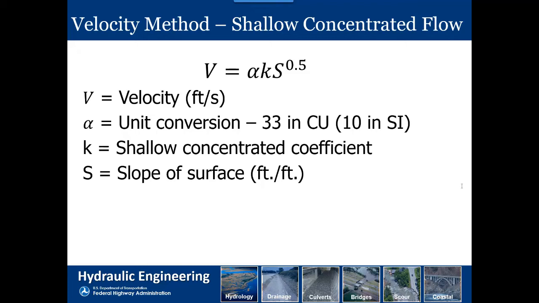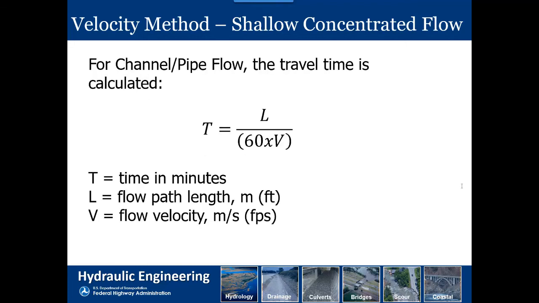And then from that, you're going to get your V. And so with that velocity, you know how long you're going to be in this shallow concentrated flow regime. So the time is just going to be the length of that divided by the velocity, and then converted to minutes. That'll get your shallow concentrated flow. There's actually the equation for that: time equals length divided by velocity times 60.